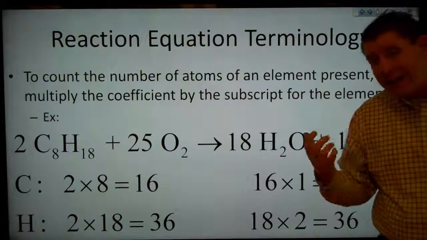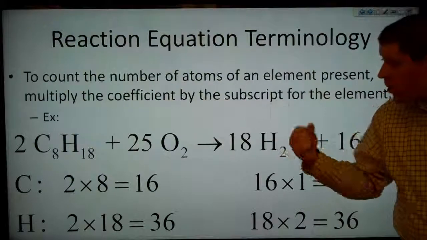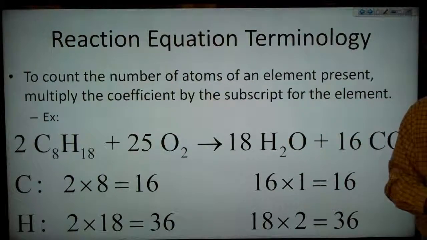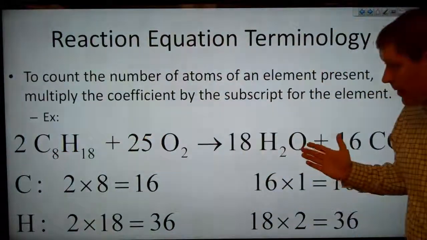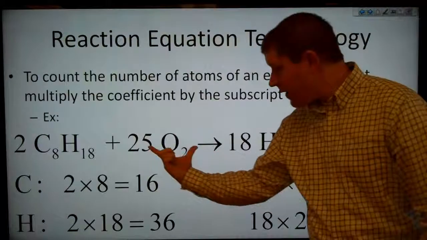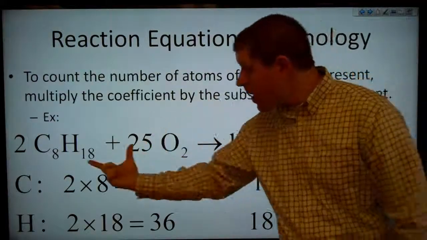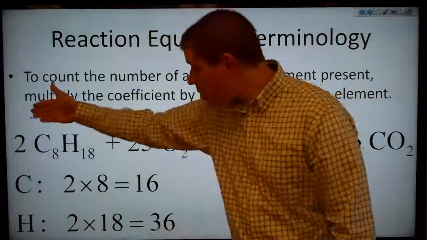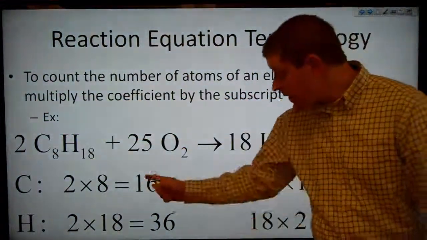So in order to count the total number of atoms of an element present, we multiply the coefficient by the subscript for that element. For example, we've got our equation here. If we're looking at carbon on the left side of the arrow, we have no carbon involved in this formula, so we're going to ignore that one, and we only need to look over here. So we have our coefficient 2 times the subscript 8, that gives us 16.